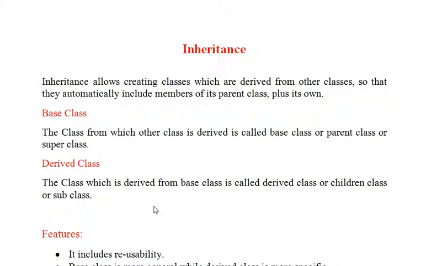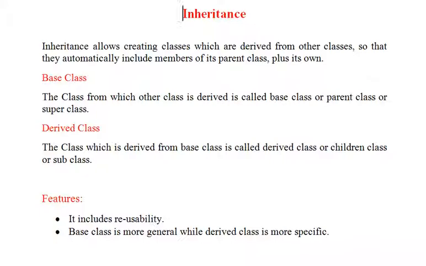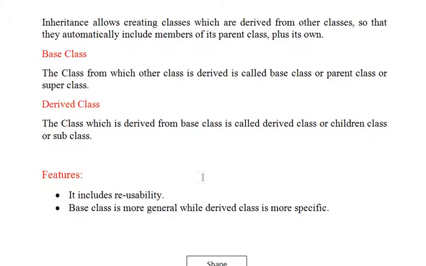Inheritance is a very useful thing. Why is it useful? It includes reusability. Let us suppose we have created one class; we can create another class using that class with the help of inheritance, which includes the reusability concept.